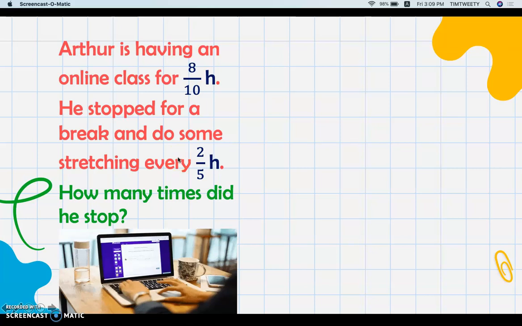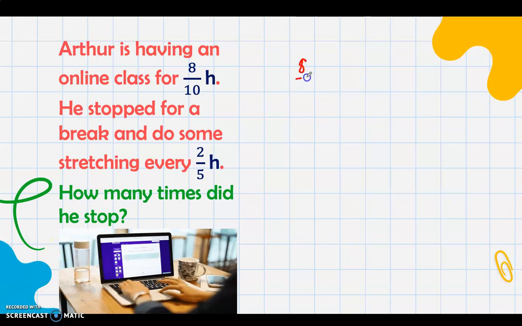The total is 8/10, so that is our dividend. We divide it by every 2/5 hours. In solving word problems involving division, be careful of what is the dividend and what is the divisor. The dividend is the total, and the divisor is what you are going to divide by.